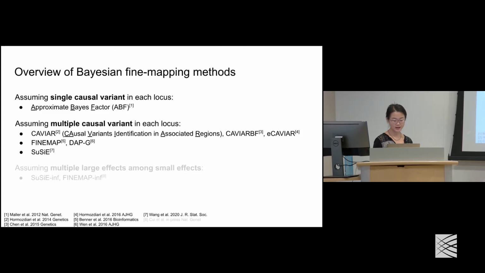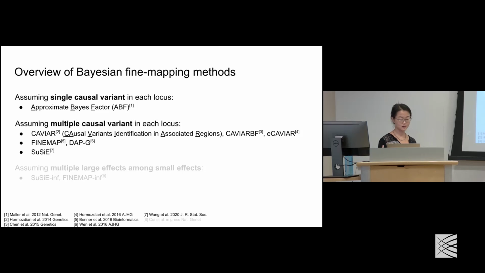And then after that, we still need to model more causal variants, and just limiting the number of causal variants per locus to, I think, 3 for CAVIAR is not quite enough for us. So there come FINEMAP and DAP-G.